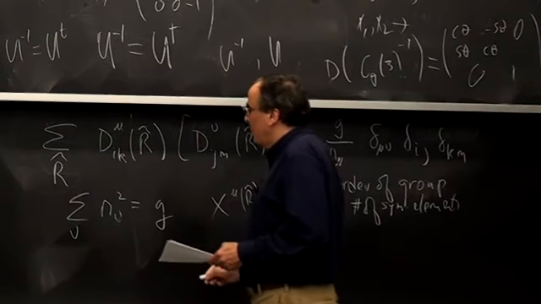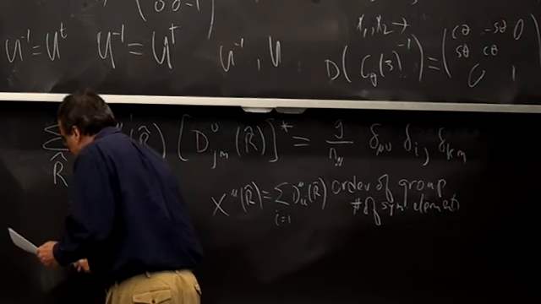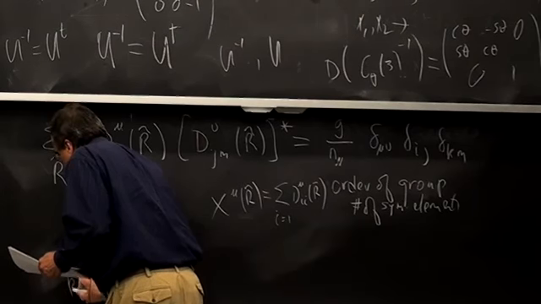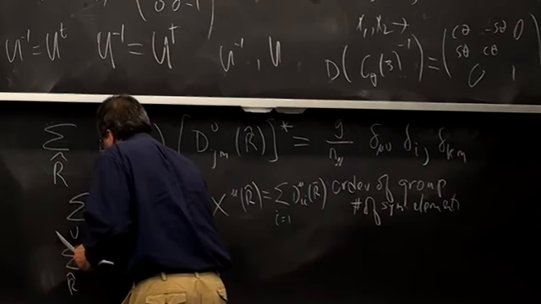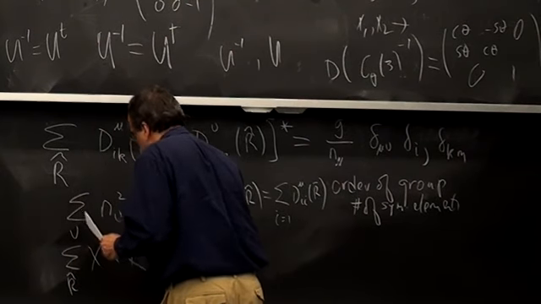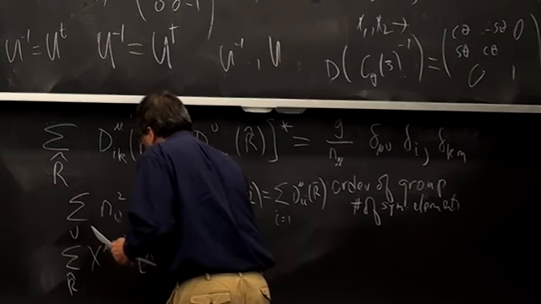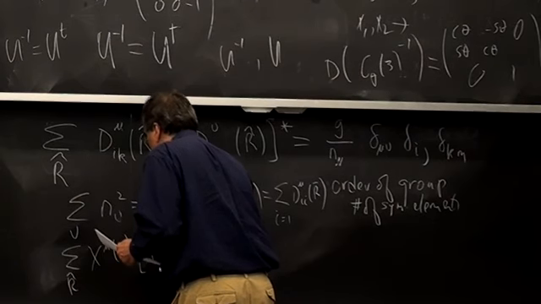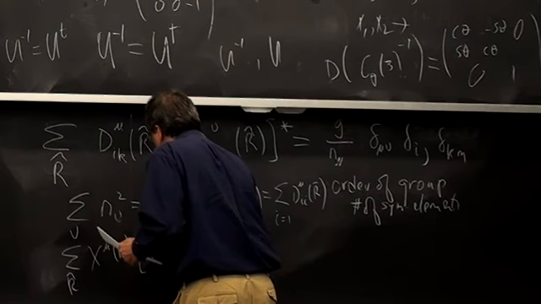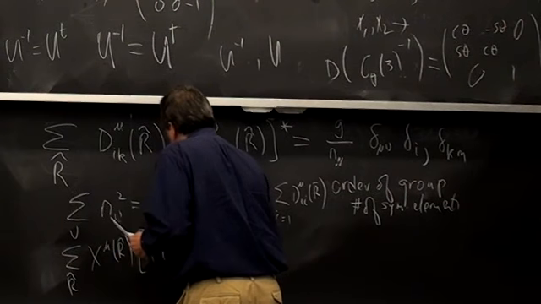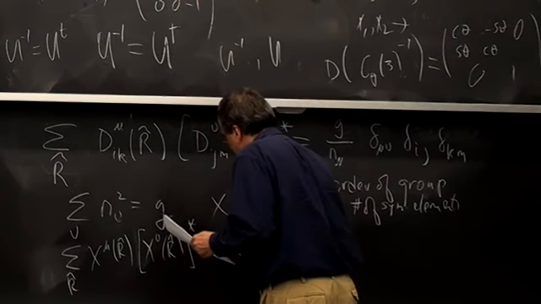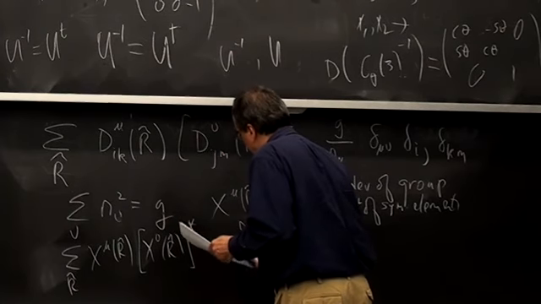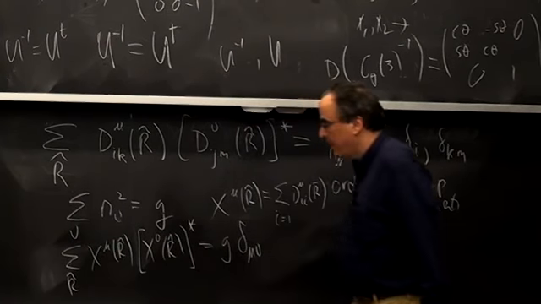And the reduced form of the great orthogonality theorem is sum over symmetry elements chi mu R chi nu R star is equal to g times delta mu nu.